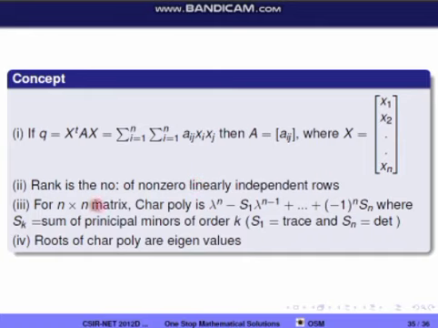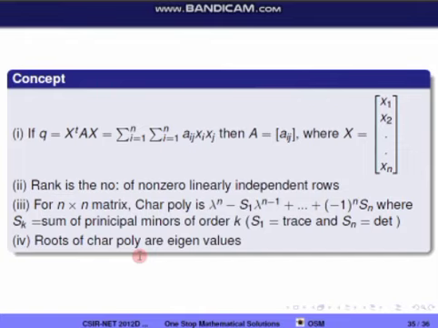For an n cross n matrix, the characteristic polynomial is given by lambda power n minus S1 lambda power n minus 1 plus etc. up to minus 1 whole power n Sn, where Sk is the sum of principal minors of order k. Essentially, S1 is equal to the trace of the matrix and Sn is equal to the determinant of the matrix. And the roots of the characteristic polynomial are the eigenvalues.